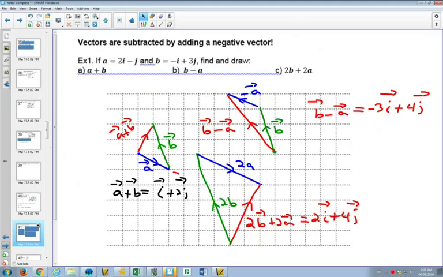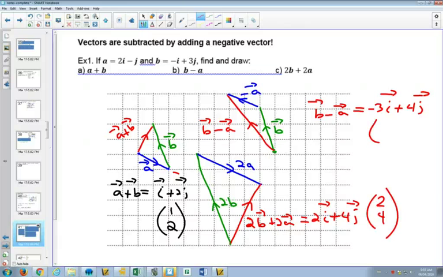So there are some drawings for you to check. And there are the answers as column vectors as well.